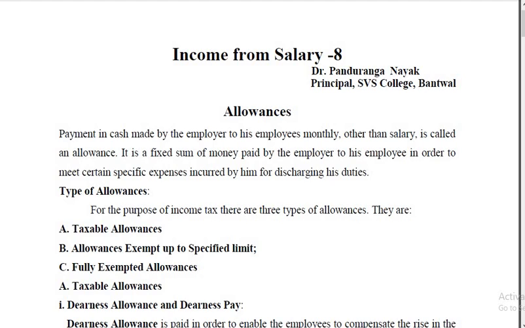So when you join the organization, your basic salary will be 10,000. Once you complete 1 year of your service successfully, you may be given 500 rupees increment. As a result, at the beginning of second year, your basic will be 10,000 plus 500, 10,500.